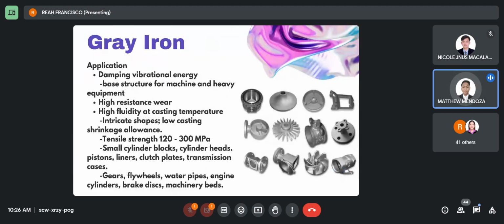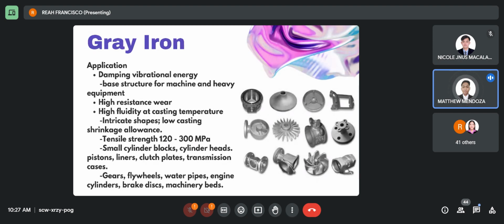From the properties po niya, since it is high stiffness nga po yung machinability po niya, so vibration damping and high heat capacity and high thermal conductivity. So yung application niya po is wide po. So yung damping vibrational energy po is a base for machine and heavy equipment. So high resistance wear and high fluidity at casting temperature. So intricate shapes, so low casting shrinkage allowance po.